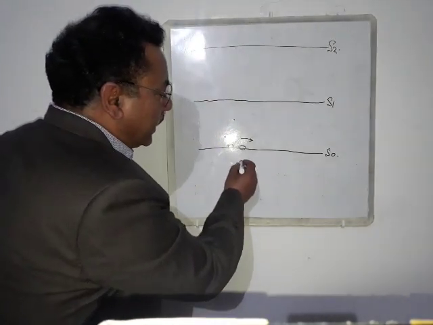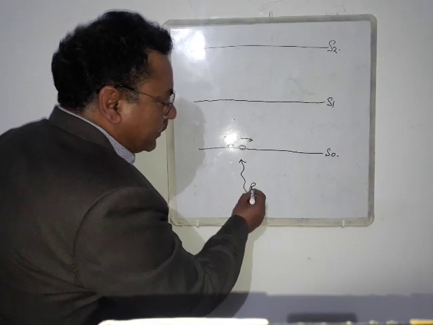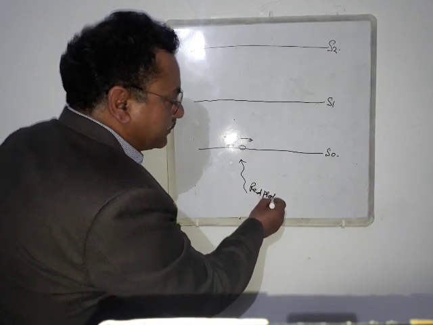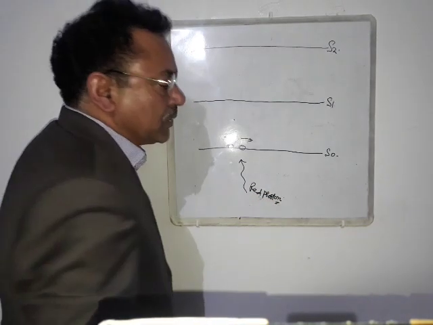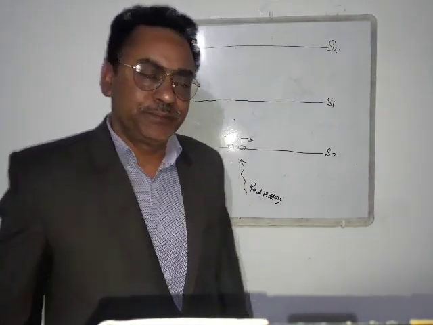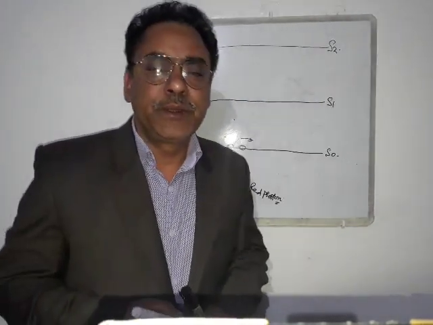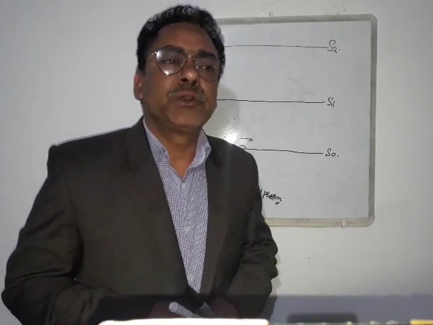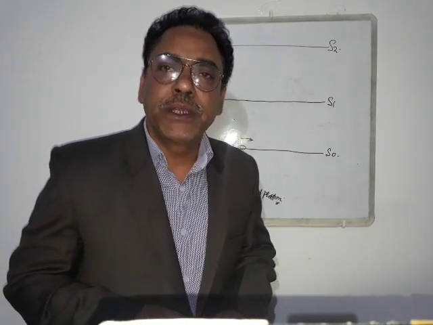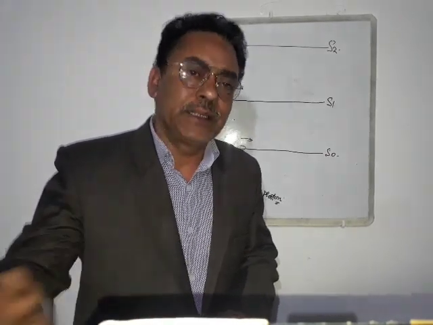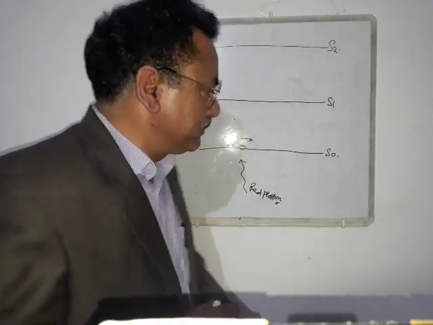Suppose a red photon is absorbed. A red photon is not much more energetic. It has the least amount of energy in comparison to photons of various other wavelengths of the visible spectrum.